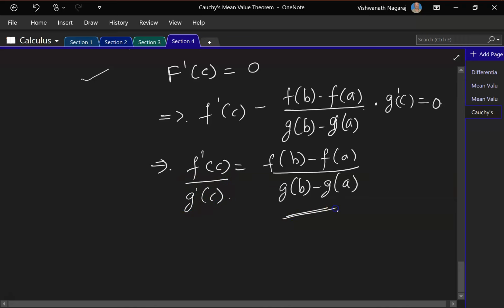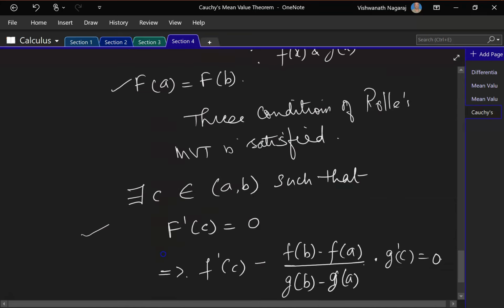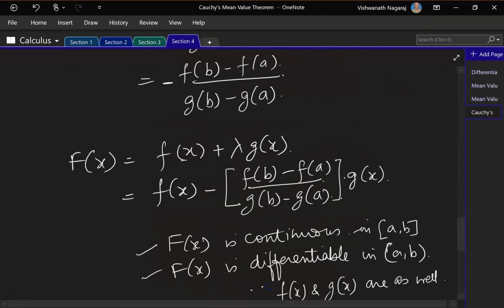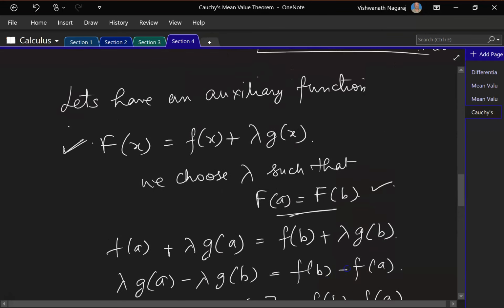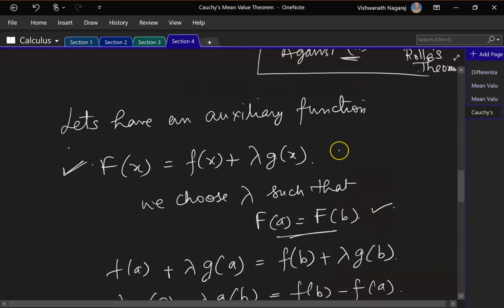Which is what Cauchy's mean value theorem says. So here the important point is that we are creating a new auxiliary function which basically relates these two functions which are given to us.